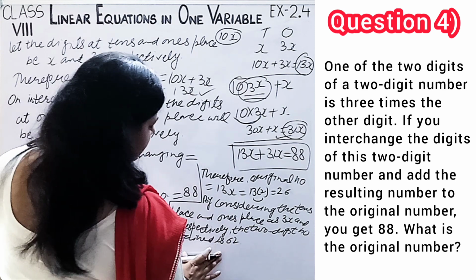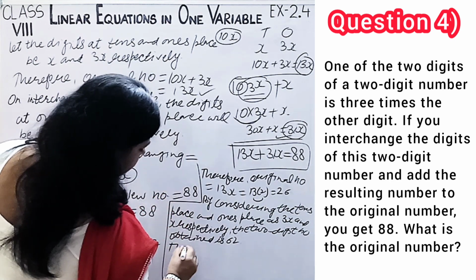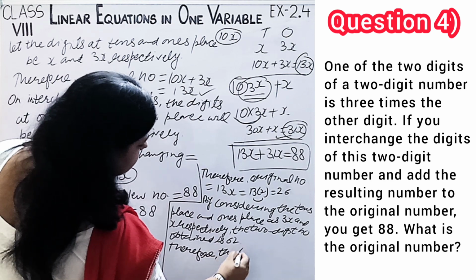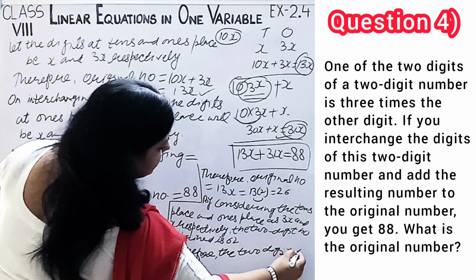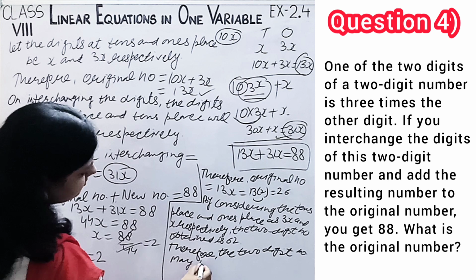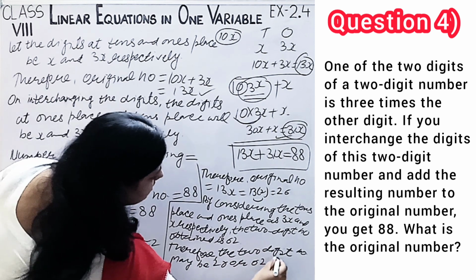So, it may be 26 or 62. Therefore, the 2-digit number may be 26 or 62. Answer.